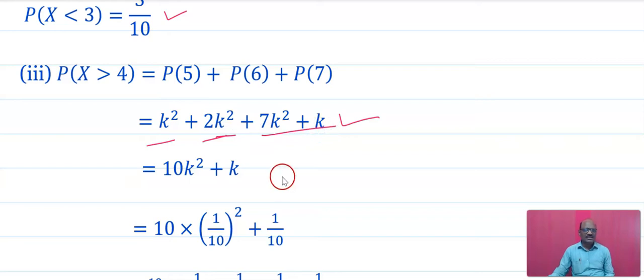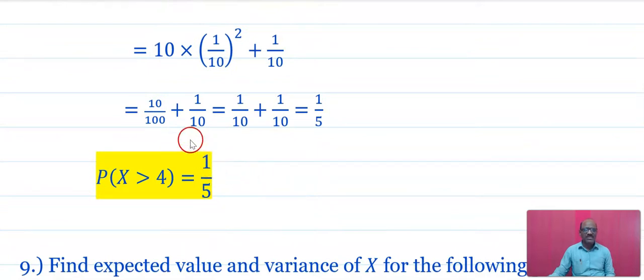And their sum is 10k square plus k. If you substitute the value of k, which is 1 upon 10, that is 10 into (1 upon 10) square plus the value of k again, 1 by 10. If you simplify it, you will get P of capital X greater than 4 equals 1 upon 5.